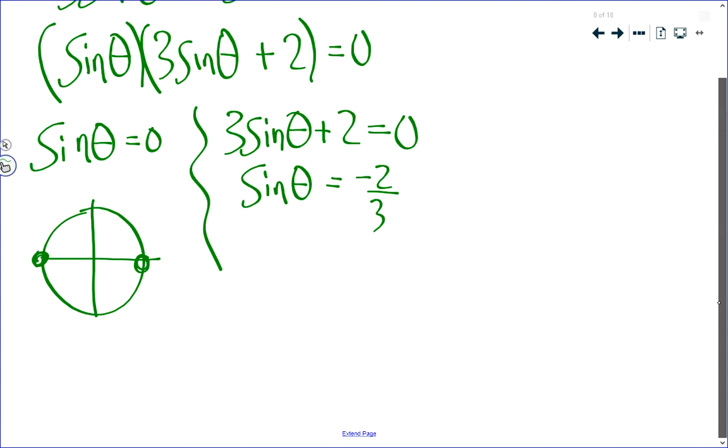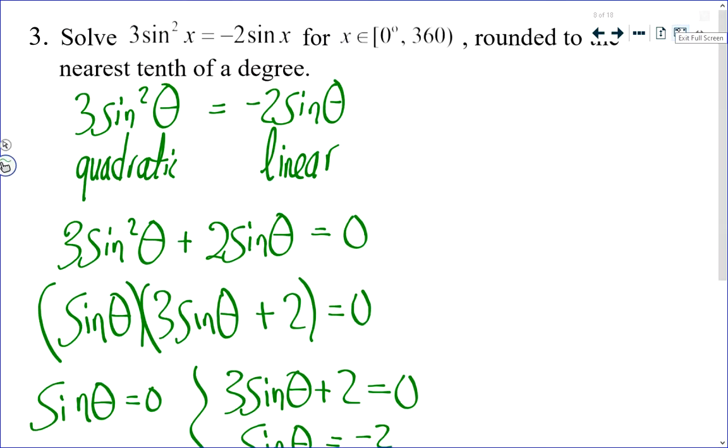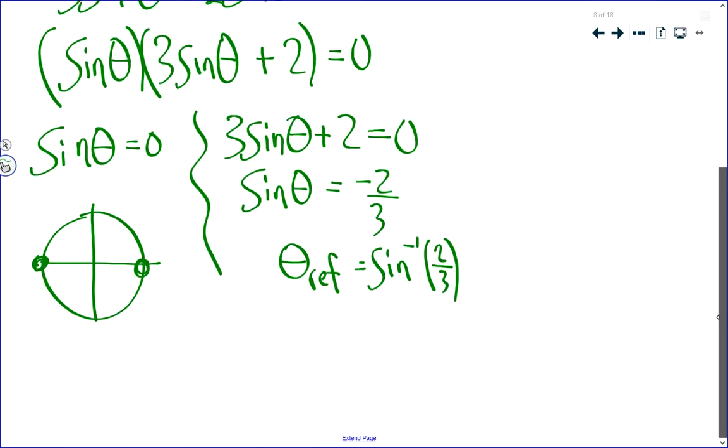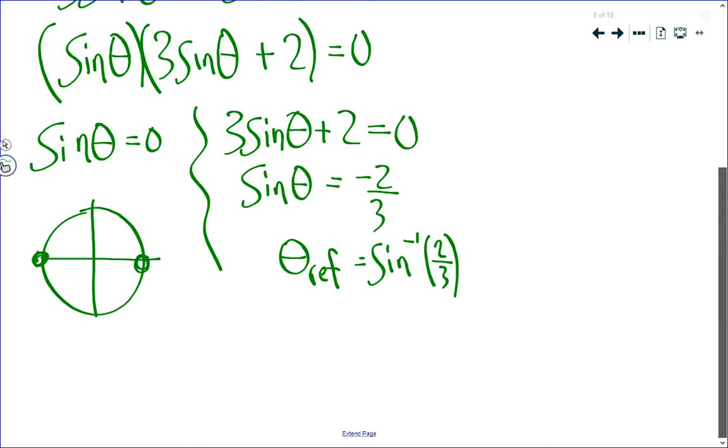We have to find a reference angle. And we're going to do that by taking the inverse sine of 2/3. Remember that you do not use a negative in your calculator when you go inverse to find a reference angle.